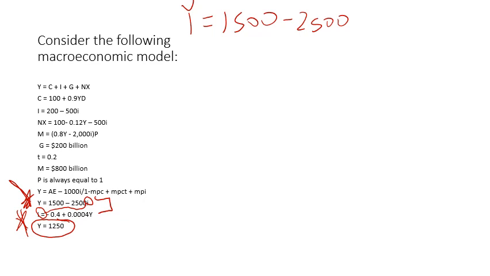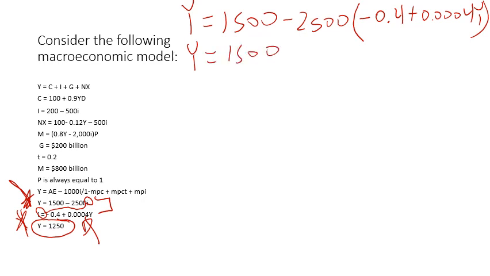And what I'm doing is I am taking the I equation and substituting it there. So that's going to give me negative 2,500 times negative 0.4 plus 0.0004y.